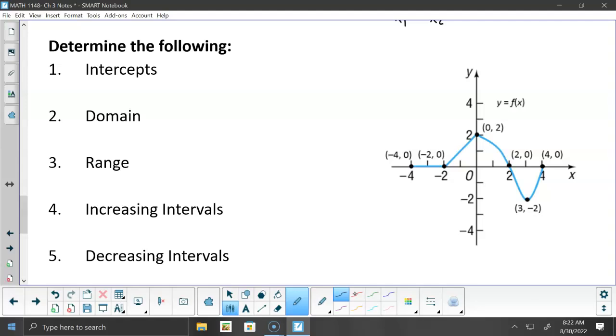Alright, so we just want to go through the list. So, question 1 is, what are my intercepts? And how many do you see?